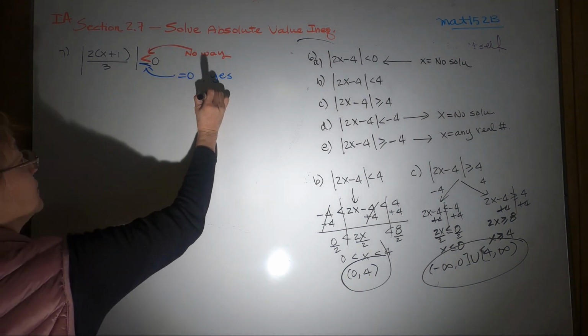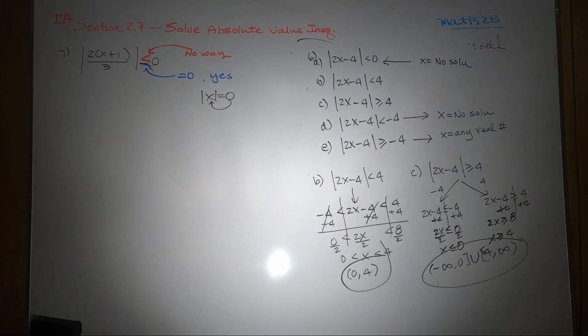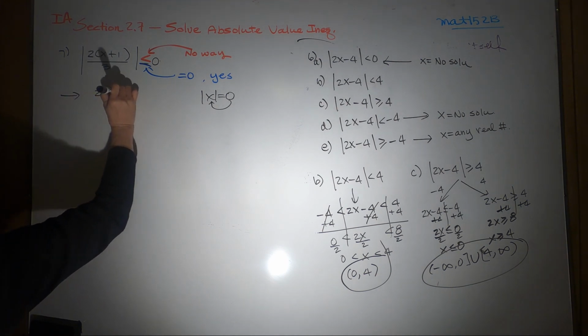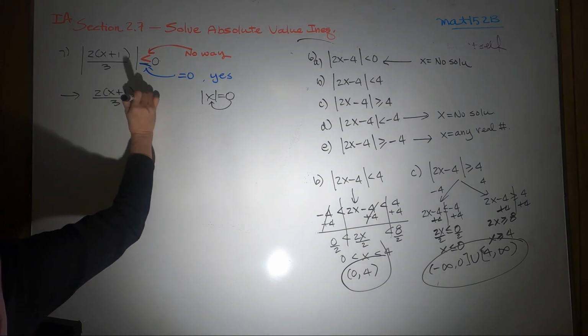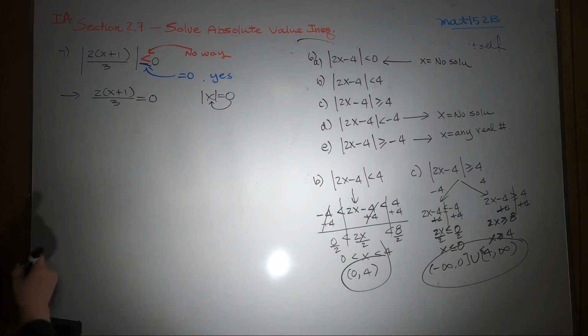So we say if absolute value equals 0, that means what? Inside has to be 0, right? Doesn't matter if it's a fraction or the regular x, right? So what you do is, this one inside has to be 0, so the total absolute value will be 0. Then how do we solve it?